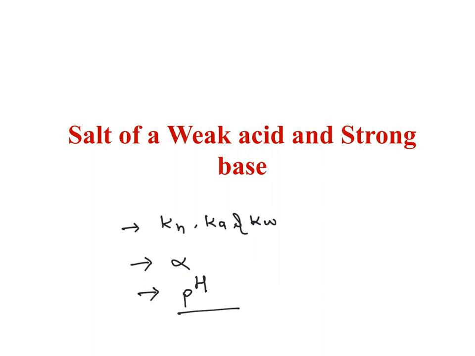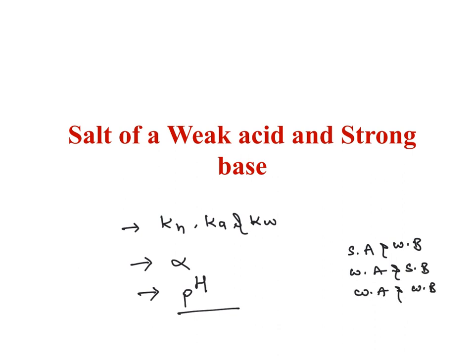In the previous class we discussed which salts undergo salt hydrolysis: salt of a weak acid and strong base, salt of a strong acid and weak base, and salt of a weak acid and weak base.